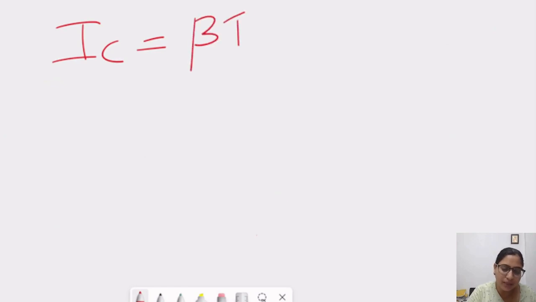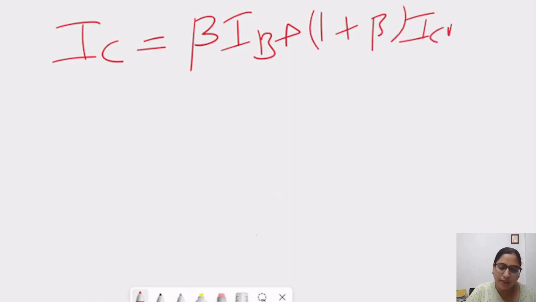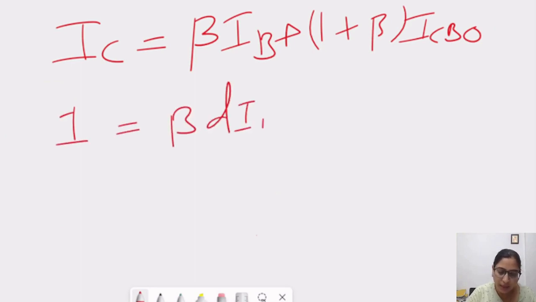Now we will derive the expression for stability. We consider our basic equation, collector current IC equals beta IB plus (1 plus beta) ICBO. We differentiate this equation with respect to IC and keep beta constant. With respect to IC, the left term becomes 1, beta is constant, and this becomes dIB upon dIC.